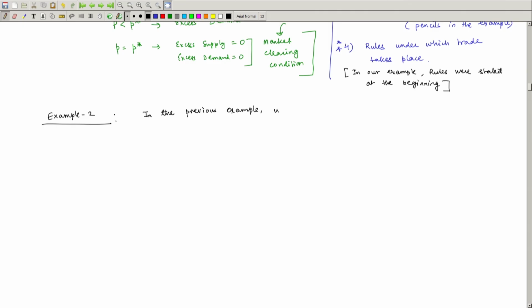we constructed the demand and supply curves from first principles, right.